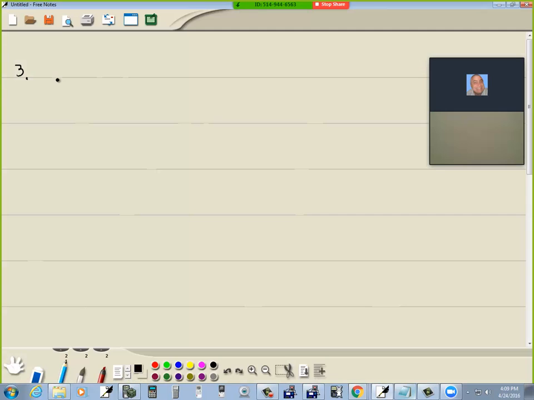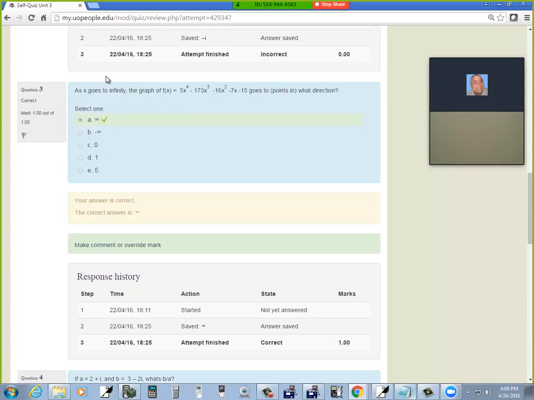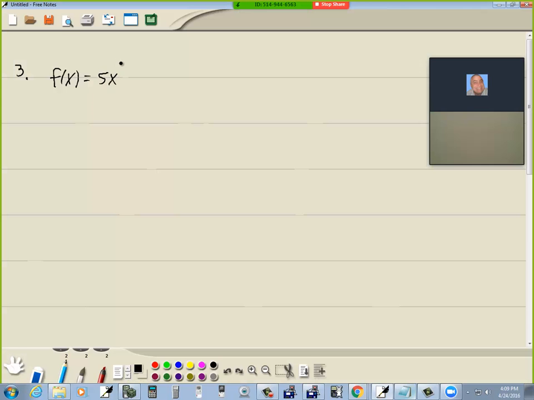We got f of x is equal to 5x to the 4th minus 173x to the 3rd minus 16x squared minus 7x minus 15. Now this is in standard form. Standard form is when your terms are arranged from largest power down to smallest.